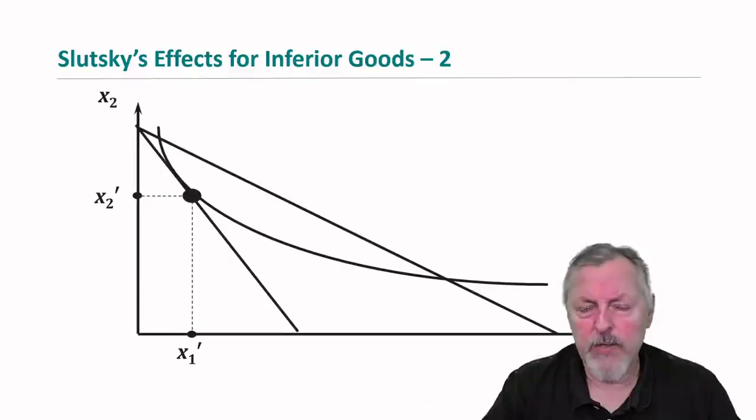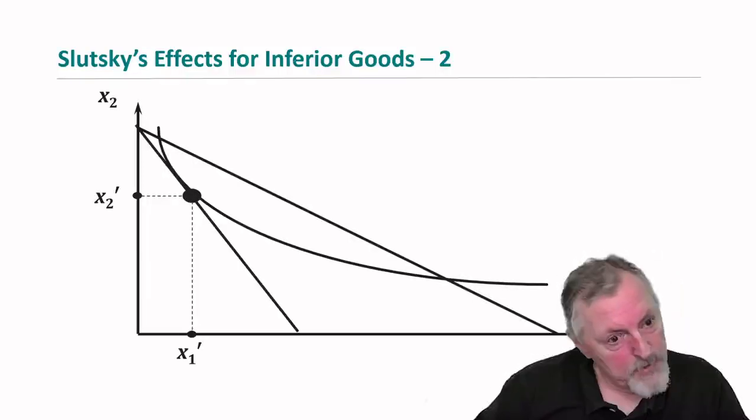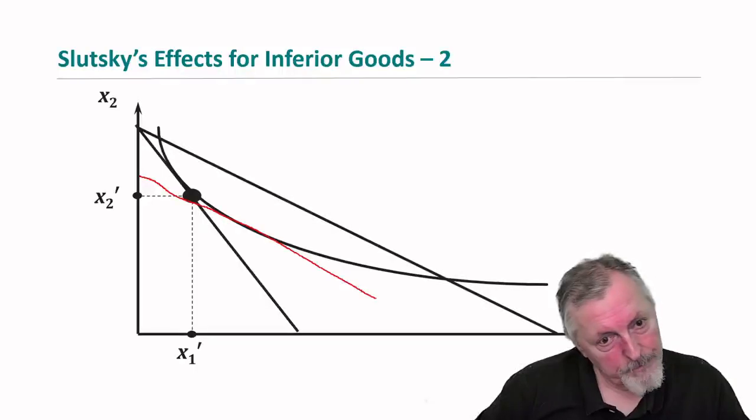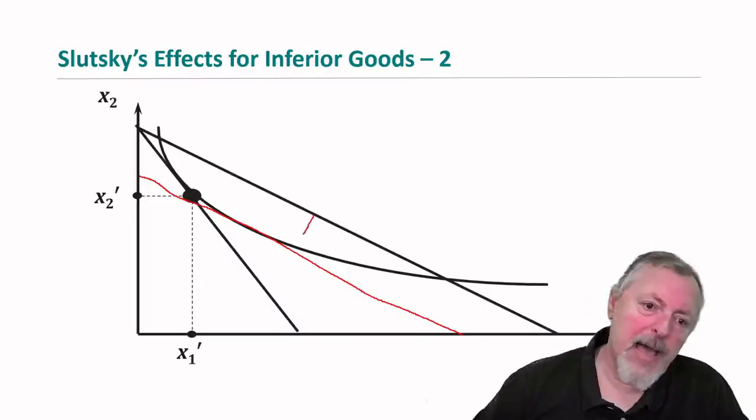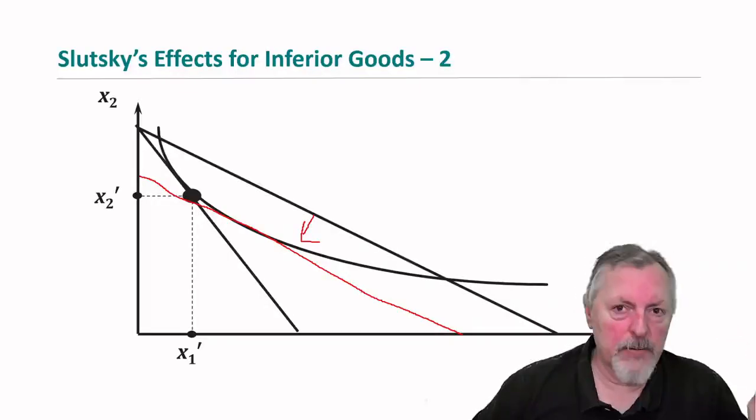But there's another way you could do it. You could take the new budget line and move it back. Let's see if I can draw this. And move it back, not to the old consumption bundle, but rather to the old indifference curve.